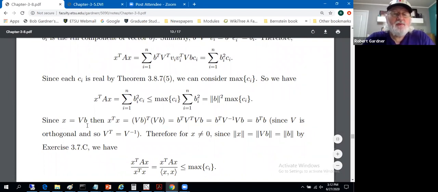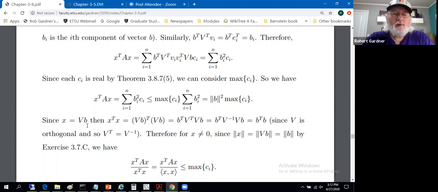We had x equals Vb and had substituted in x transpose x. So we do that substitution, transpose the product, and use the fact that V transpose and V inverse are the same. That's because the columns of V were orthonormal; it's an orthonormal matrix. V inverse times V disappears, leaving us with b transpose b. So we've shown x transpose x equals b transpose b.